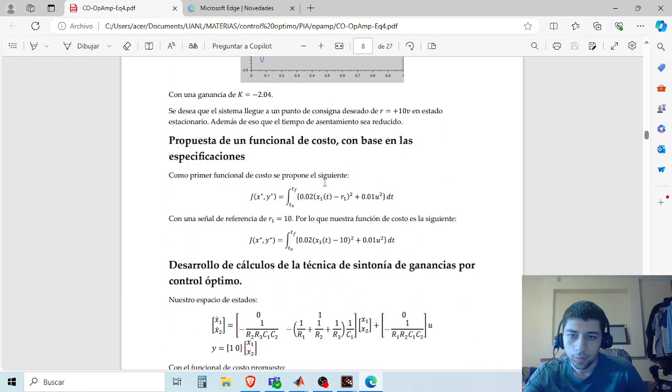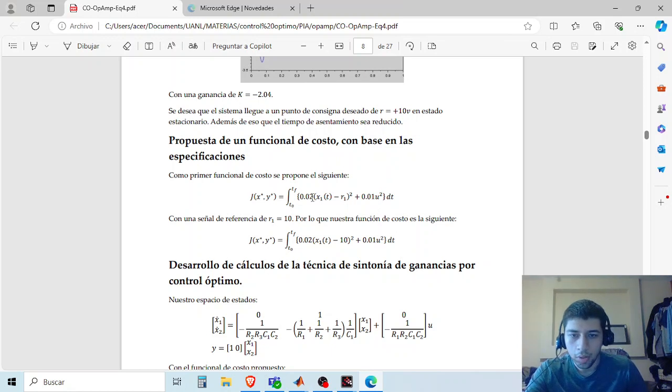Okay. So what do the optimal control techniques consist of? Well, we have to propose a cost function. So this is our cost function equation in terms of the input value, the output value, and the state values. So this would be our first state value, which is the output voltage, and this would be our input value or control value.